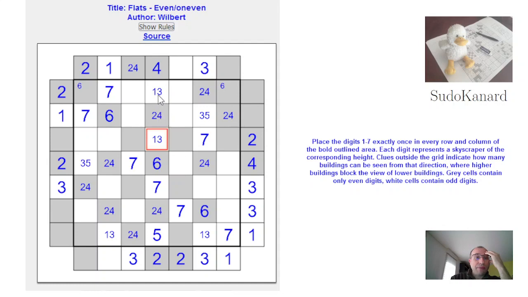Because 1, 2, 3, 6, 7 won't work. 3, 2, 1, 6, 7 won't work. So 1, 2, 3, 6, 7 would make this a 5. 3, 2, 1, 6, 7 would make this a 3. So that's not a 2, that's a 4. Interesting.